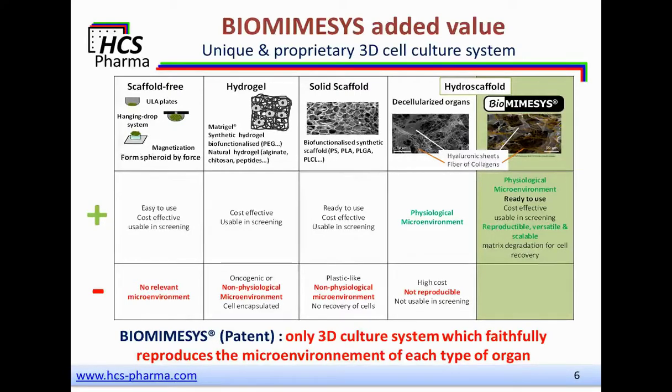To overcome all the limitations of this last model, we propose the solution with our technology, Biomimetic hydroscaffold, a ready-to-use technology that is cost-effective, usable in screening, with a good reproducibility and a versatile system. And Biomimetic was developed to better mimic the HCS.